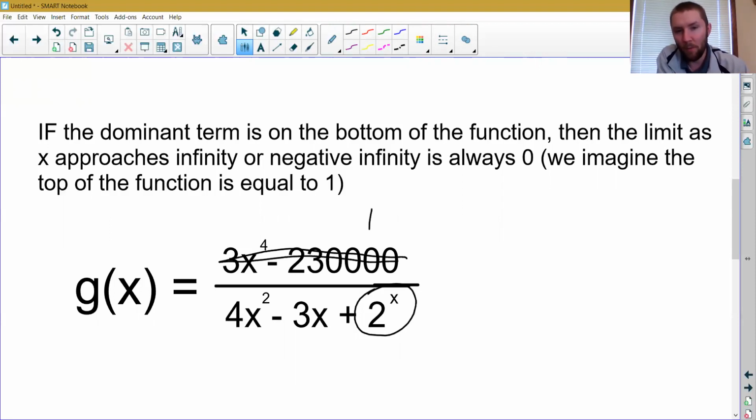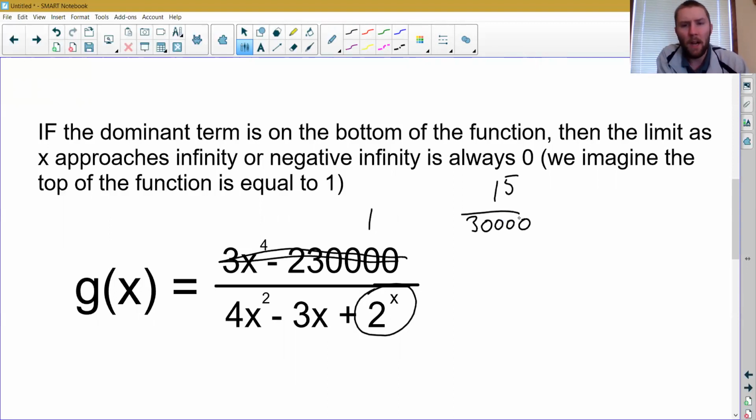This is the dominant term. So if we have 1 over 2 to the x, which can get really, really big, let's say it's 1 over 300. That's extremely small, right? Even if we made it 15 over 30,000, that's even smaller.